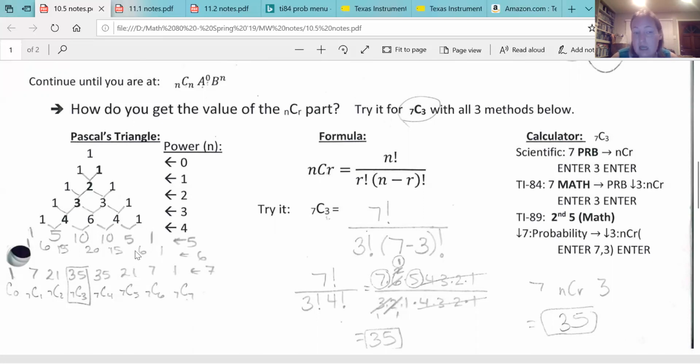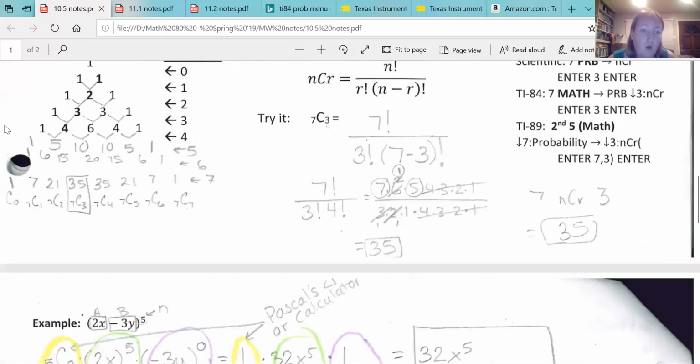Please don't mistake it for being like that this is being added or subtracted or multiplied or divided. You actually have to use the probability feature or use the formula right here, or Pascal's triangle. So if you wanted to find out 7C3, you'd have to go out to where it has a 7 here in the second spot. It has 8 terms because you always have one more term.